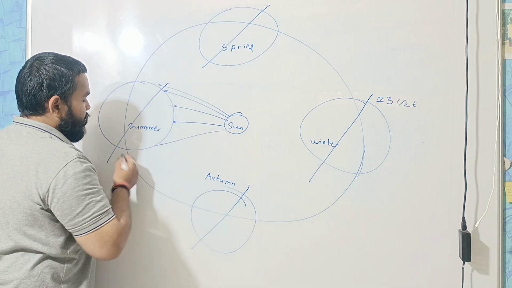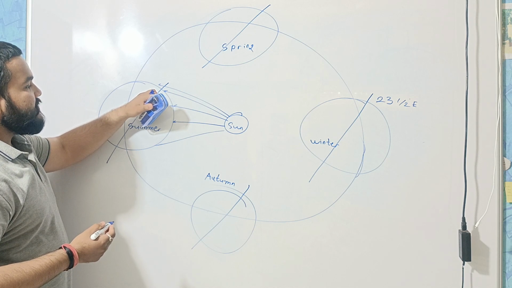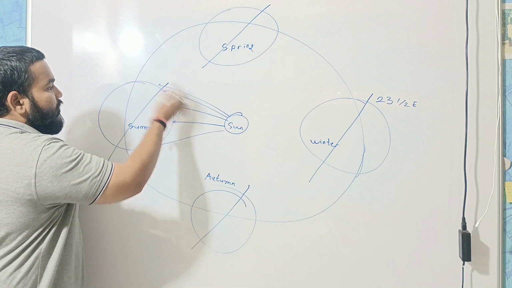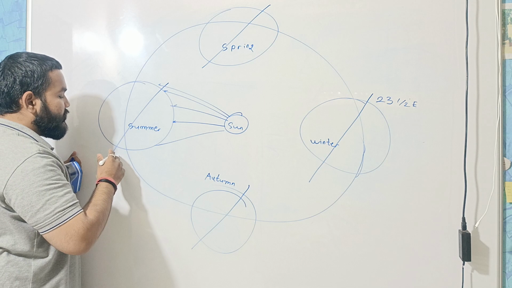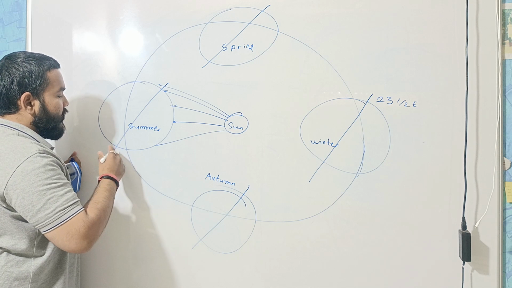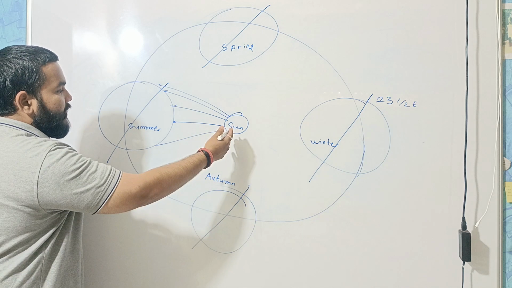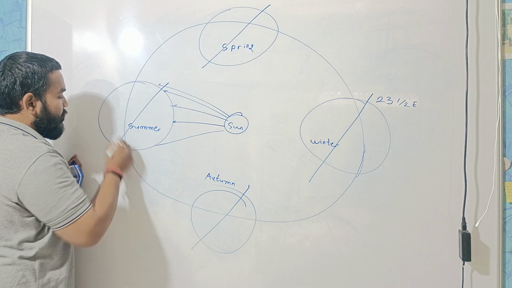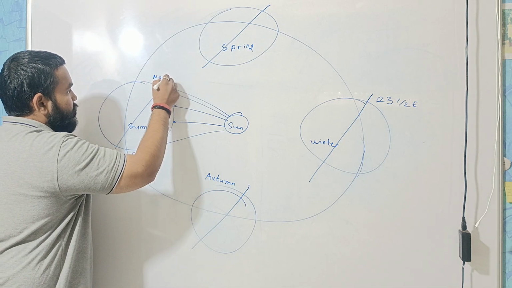The portion that comes under here is likely to be more exposed to the sun's radiation, and the portion that is hidden here is less likely to be exposed to the sun's rays. So here this is the south pole, this is the north pole.